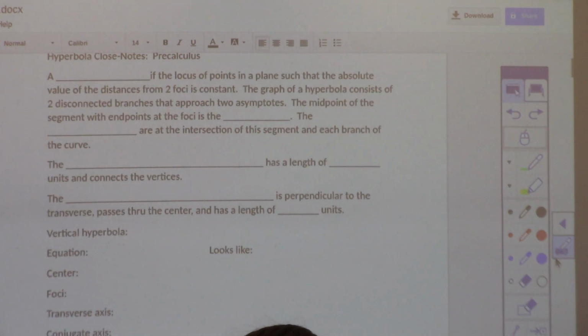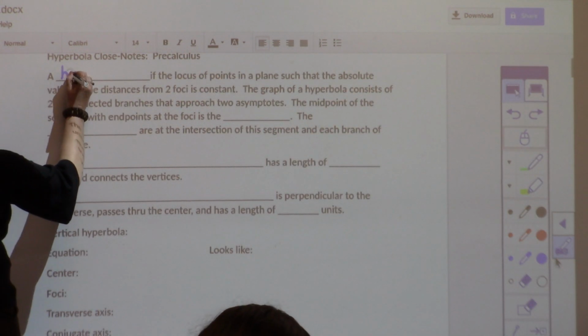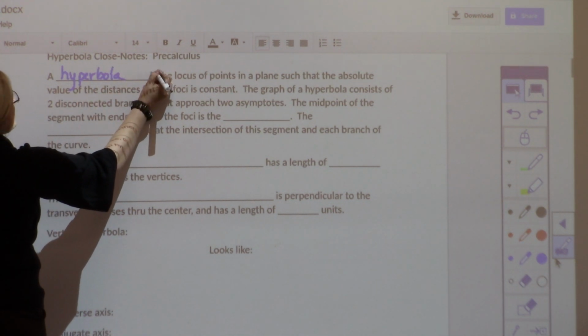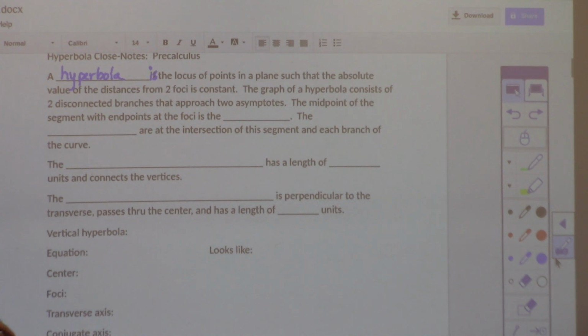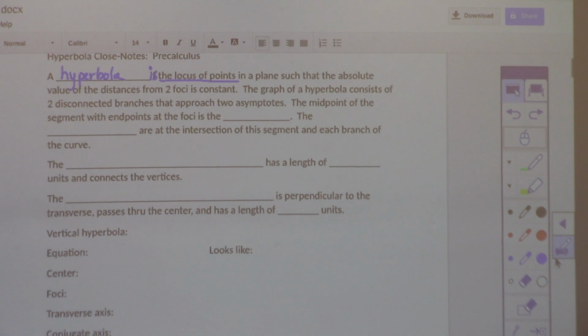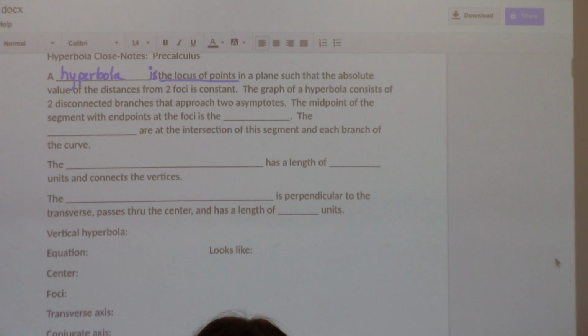Definition of a hyperbola: a hyperbola is the locus of points. What does locus of points mean? Hello? Is there life out there? What's the locus of points?